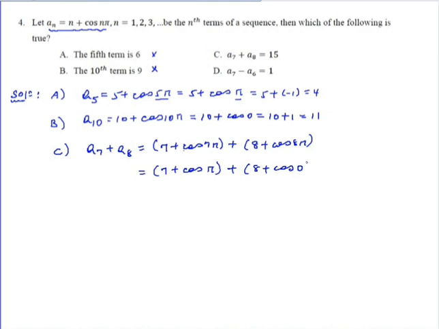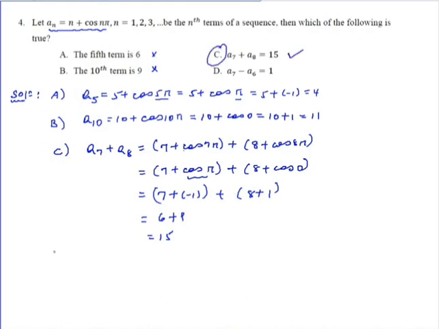Cos 8 pi and cos 0 are the same, they are coterminal. So what will this be? 7 plus -1 plus 8 plus cos 0 is 1, cos pi is -1. So this means 6 plus 9, the result is 15. So C is a true statement regarding this sequence.